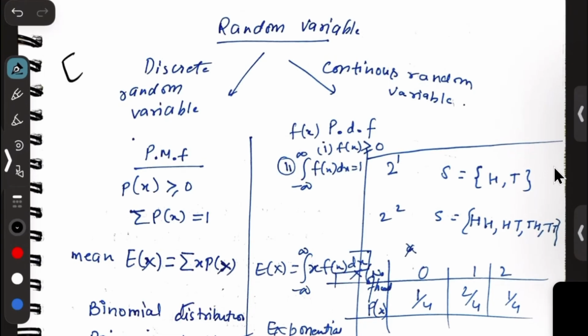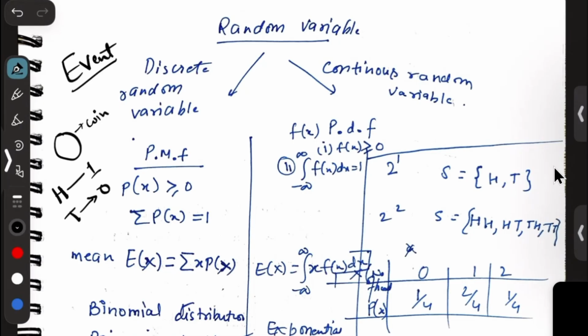Let's suppose we consider an event in which some people are tossing a coin. We assign head to one number, and we assign tail to zero.